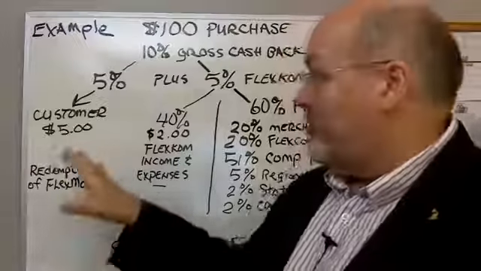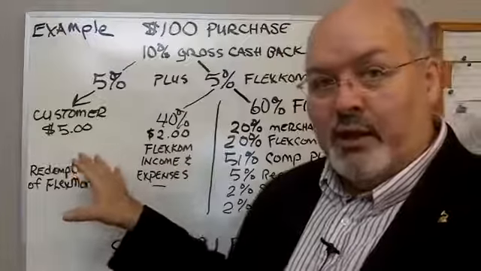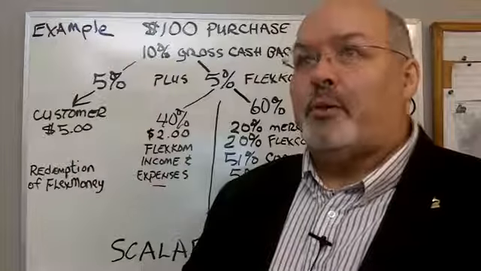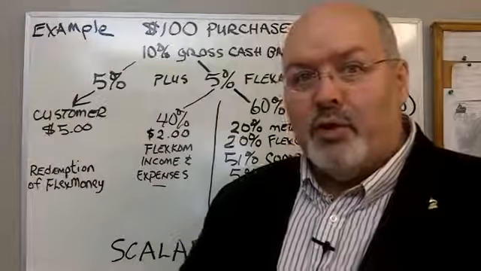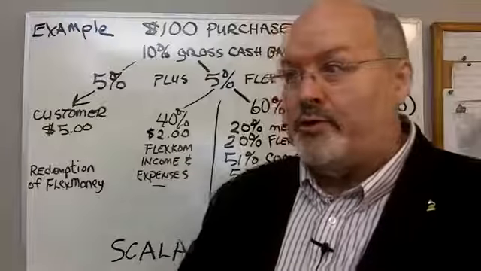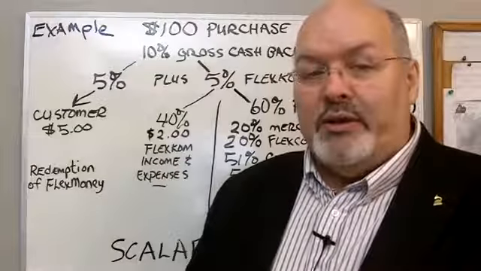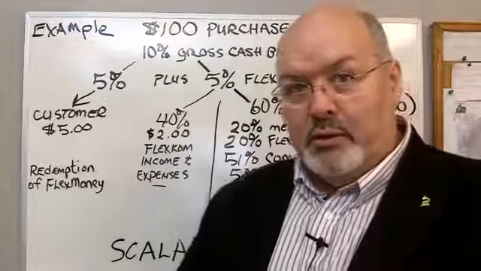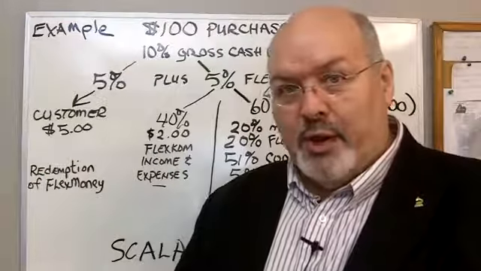If I've got hundreds or thousands of dollars in Flex money, how am I going to pay them? Is this some kind of a frequent flyer miles kind of a thing, or is it points that accumulate, or is it a barter system? How exactly can I turn the Flex money into real US dollars so that I can pay my suppliers?